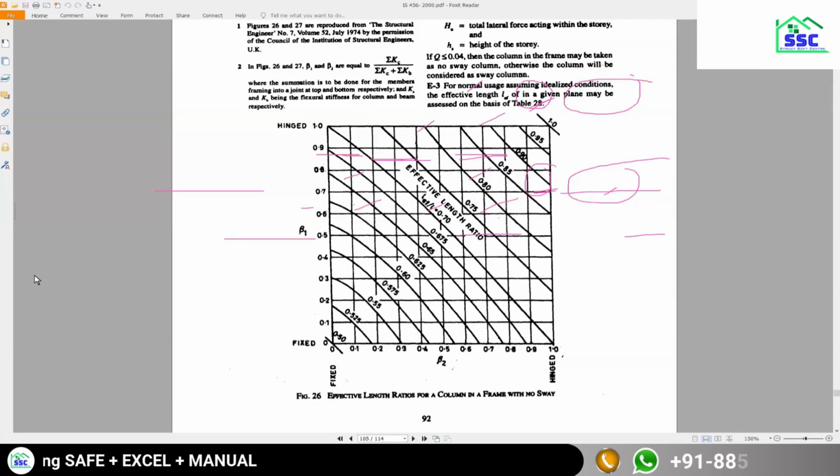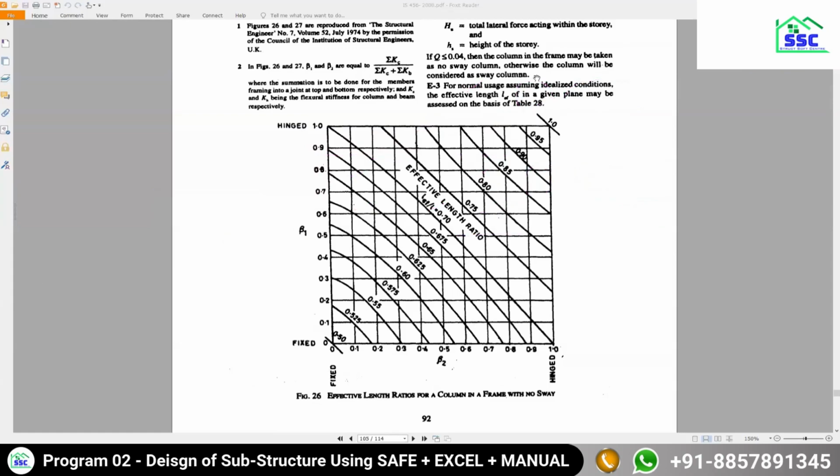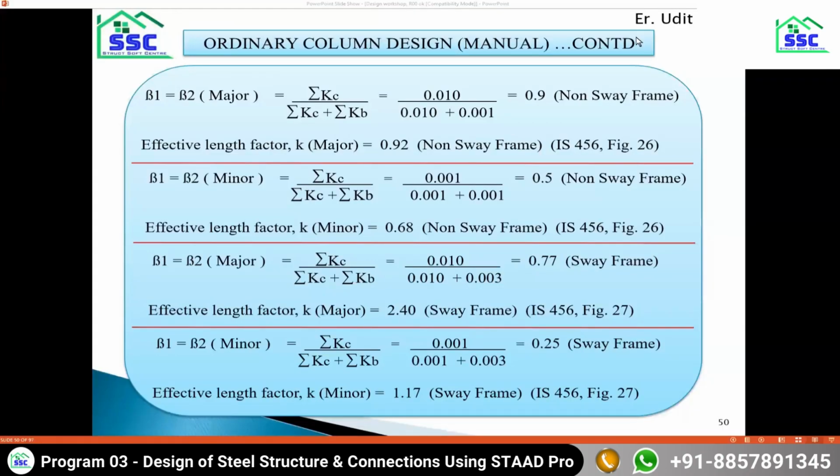And now if you see the value for 0.5, if I take a straight line from here and here, the value for it is somewhere between 0.675 and 0.7. So if we see the exact calculation, we end up with effective length factor equal to 0.68.